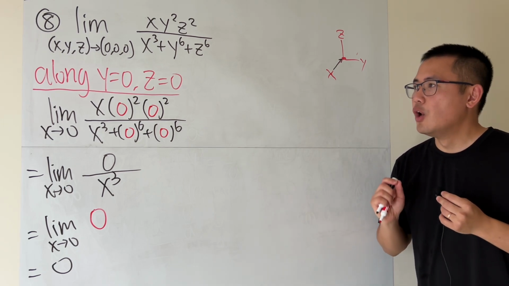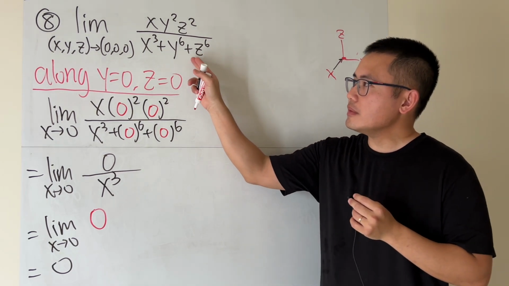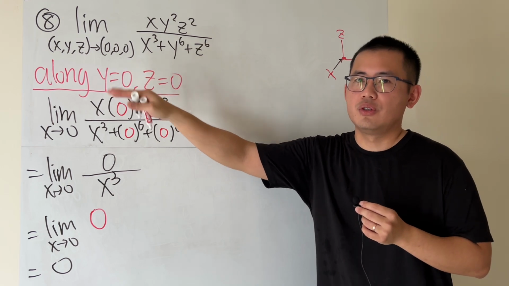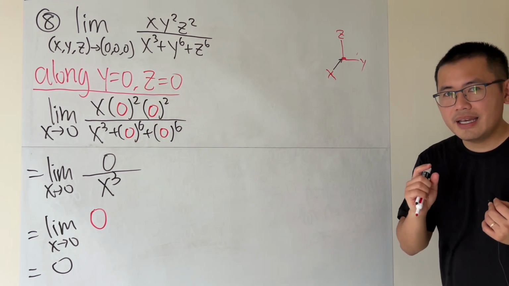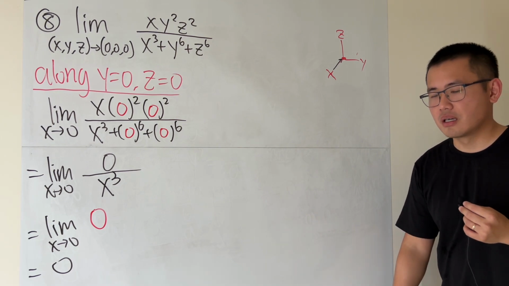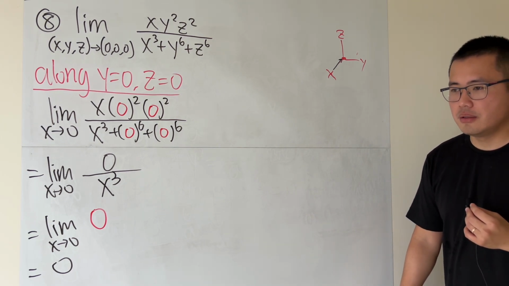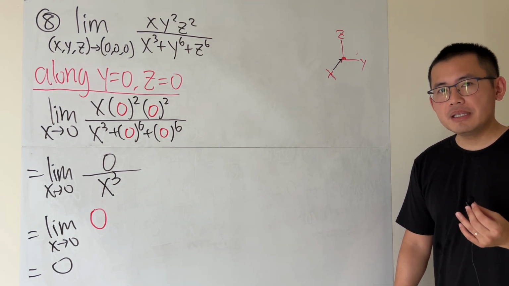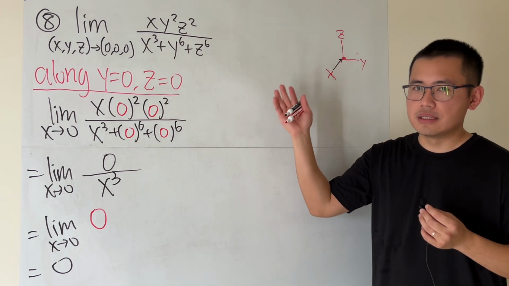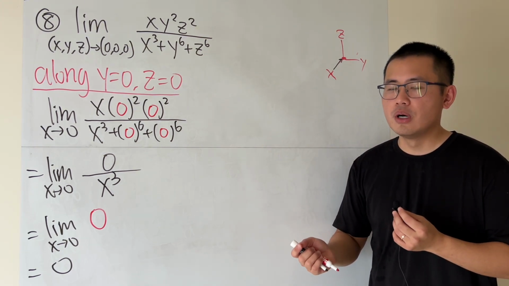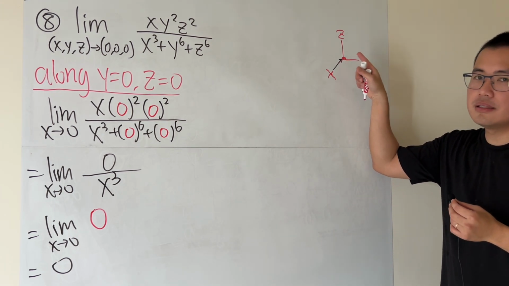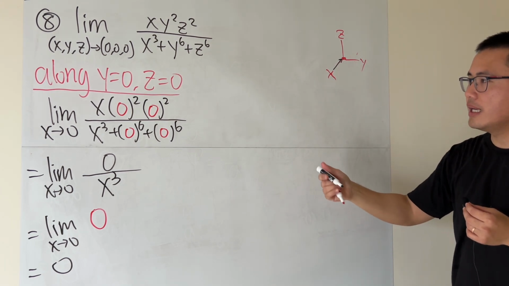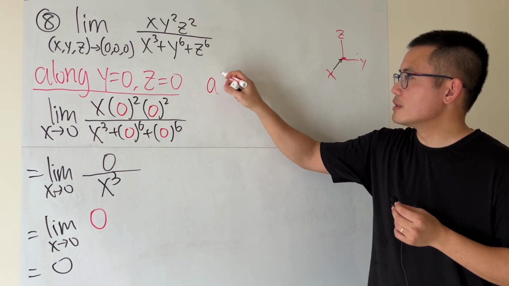The answer is, when we have a 3 variable situation, sometimes maybe even more, try to use a parametric curve, like a parametric path. What that means is, we will write x, y, and z in terms of another variable such as t, and we have to make sure that the curve, the path, does approach the origin, right? So let me just write this down right here first.